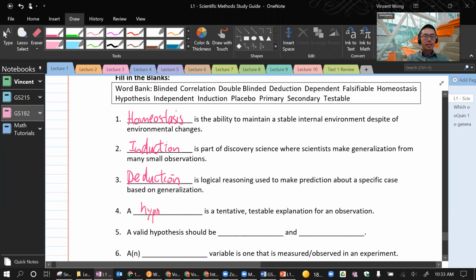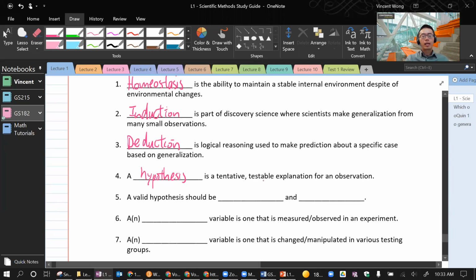A hypothesis is a tentative, testable explanation for an observation. And for the hypothesis to be valid, it should be testable and falsifiable.